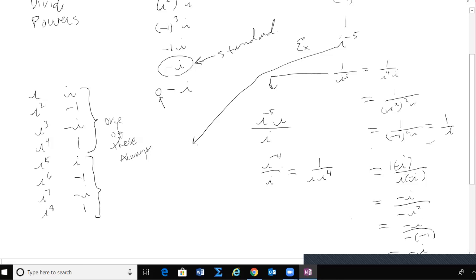So what you could do is this. You could say, let's say we have an expression like i to the 34th power. We already saw how we can handle this with the i squared, but if you think about that 34, if you divide it by 4, you'll get 8 with a remainder of 2.